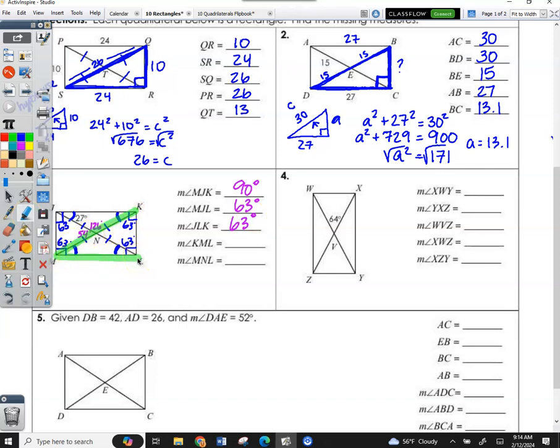I have that marked there to remind me it's 27. MNL would be vertical to the 126, right? This angle here would be vertical to 126.